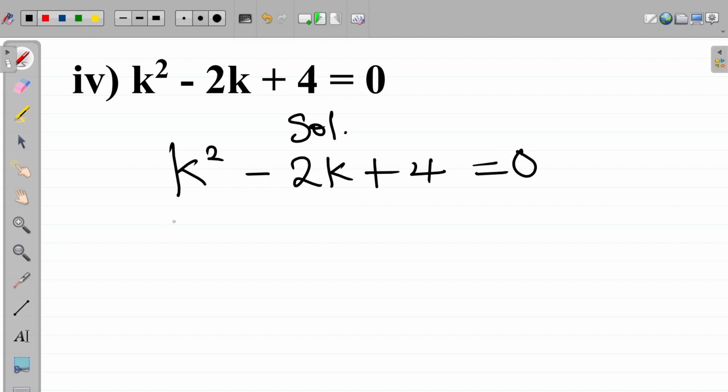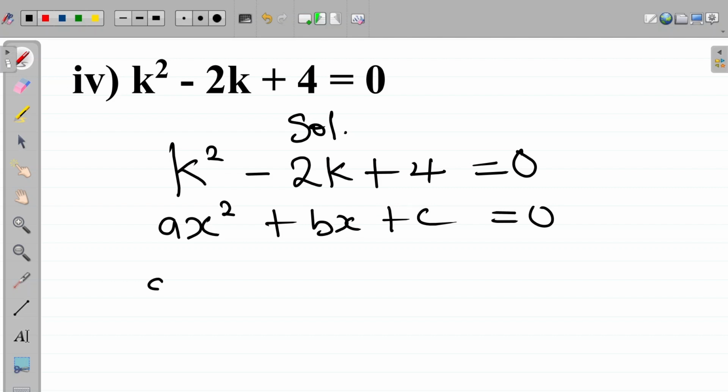Now at this point, if we compare this with our general equation, we have that a is equal to 1, b is equal to minus 2, and c is equal to positive 4.